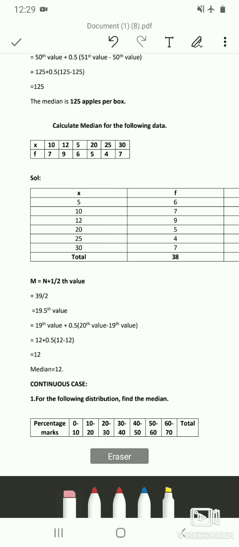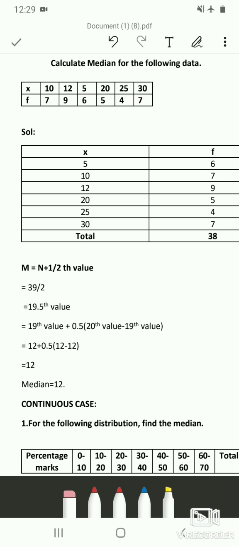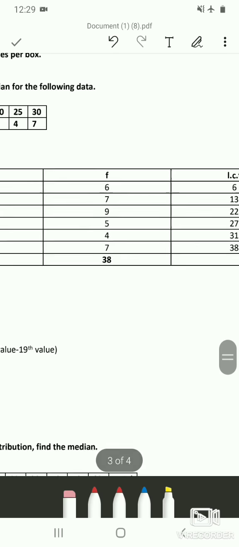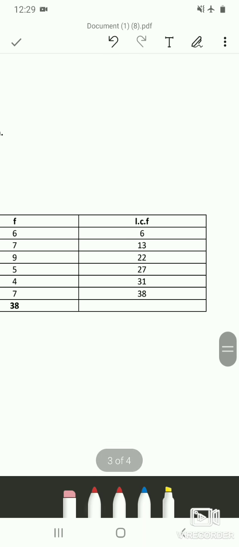After solving, you'll get the 19th value plus 0.5 into the 20th value minus the 19th value. Let's check in the LCF what the 19th and 20th values are. There is no 19 in the LCF.